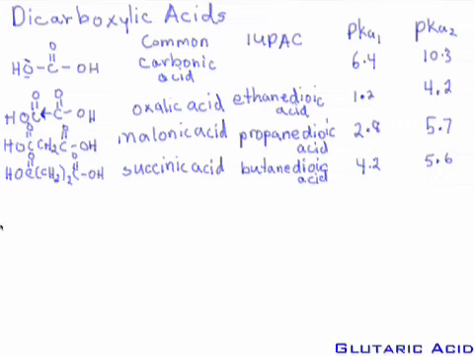Next one, pentane dioic acid, where we have three CH2 groups, has the common name glutaric acid.